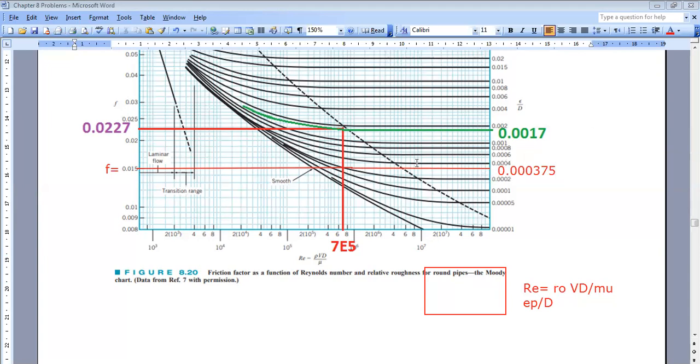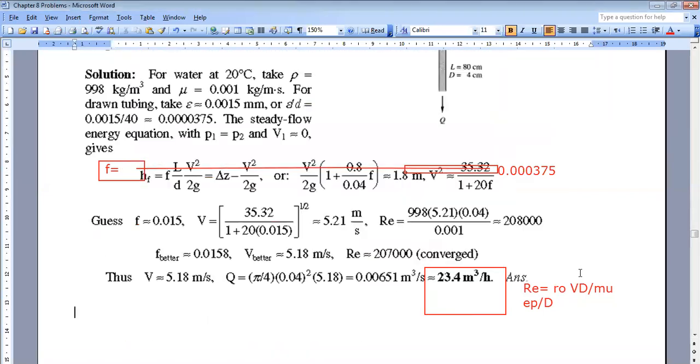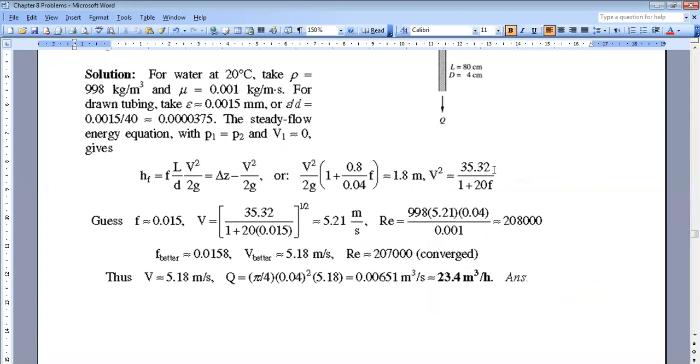If I draw its curve approximately, the flat part comes first, then later it becomes a curve. For the flat part, what is the corresponding value of f? It's 0.015, so I will go for it. I will start with this guess, and now with this guess you can find the velocity once you replace in the energy equation.